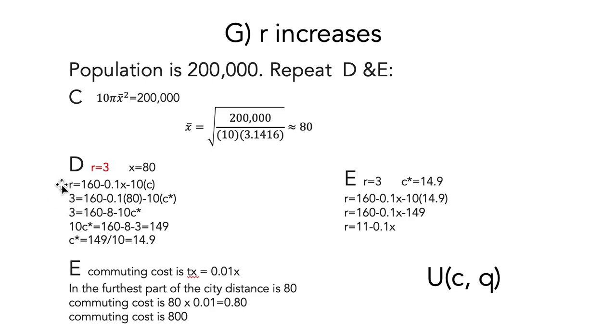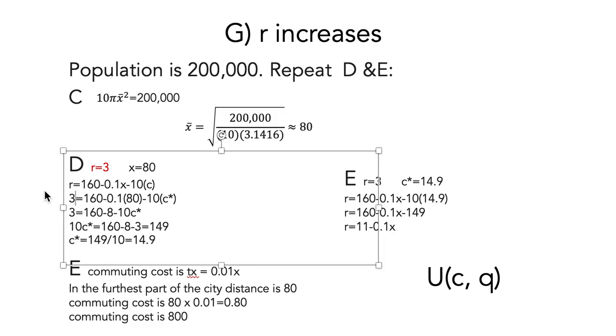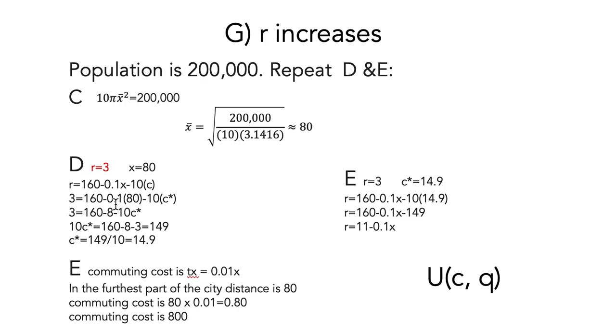So let's use the function of the land rent that we derived previously: R equals 160 minus 0.1 times x minus 10C. In this case, we substitute instead of the R the 3 that we know, that's the equilibrium rent, and instead of x, we use 80. And we solve for C star.